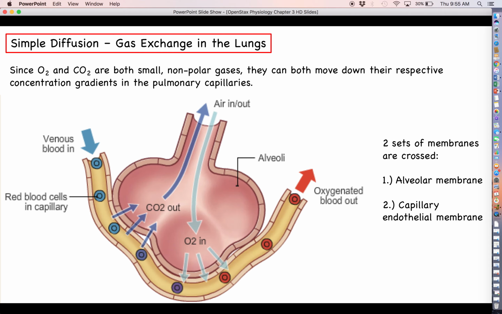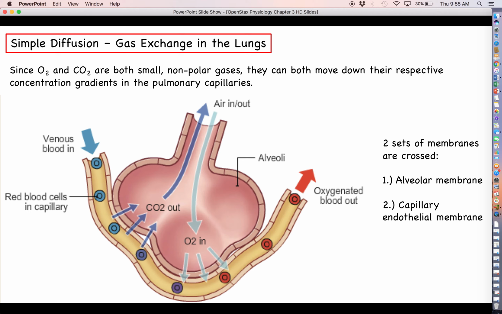A good physiological example of simple diffusion, something that we will talk about late in the semester when we get into the respiratory system, is the movement of oxygen and carbon dioxide in the alveolar tissue of the lungs. Oxygen and carbon dioxide are both in the same category here.